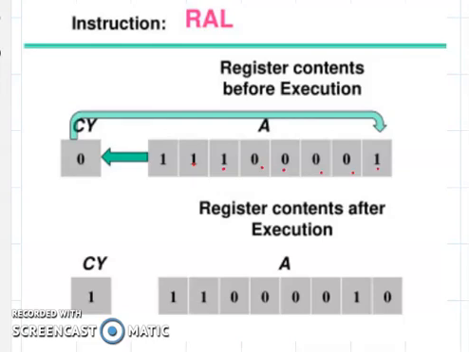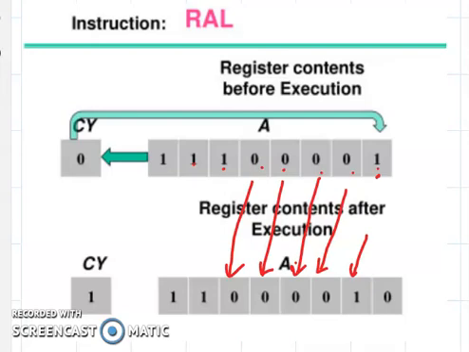Now when we execute the instruction RAL, the 1 in this position is shifted towards this one here, and this 0 is shifted to the next position and this 0 to the next position. Any mistake here? Yes, sorry.